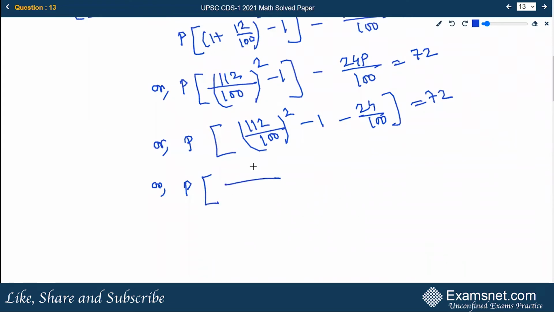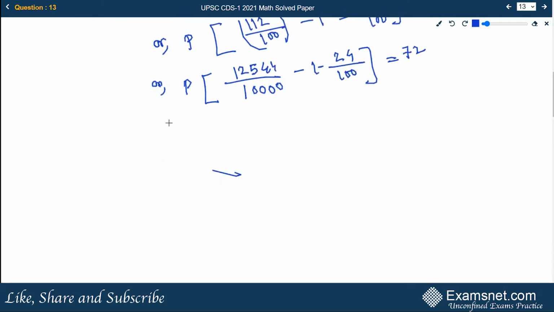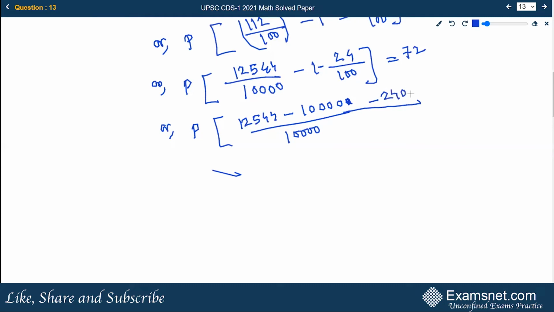Further I can calculate it as 100 square will give me 10000, and 112 square will give me 12544, minus 1, minus 24 by 100. Okay, so next, let's do the LCM. So you will get 12544 minus 10000, minus 2400, over 10,000.